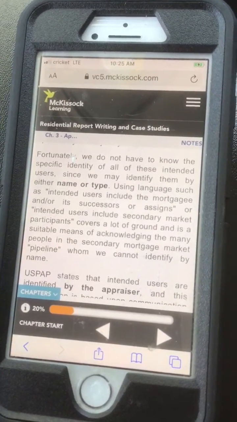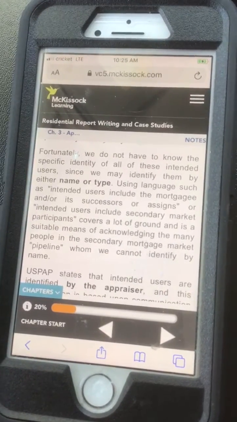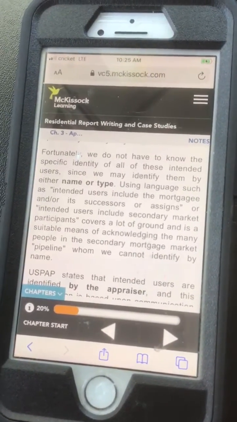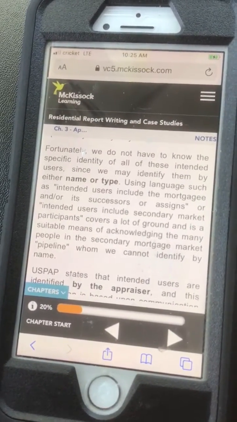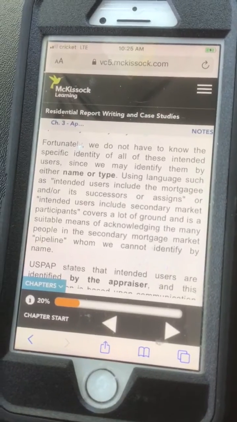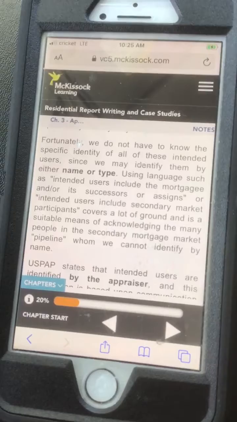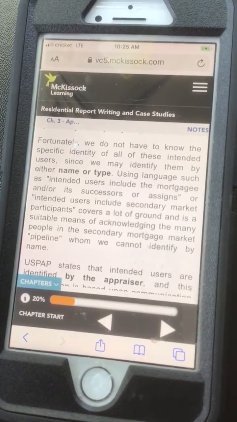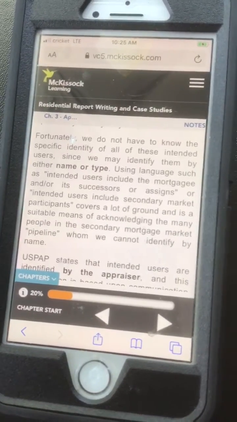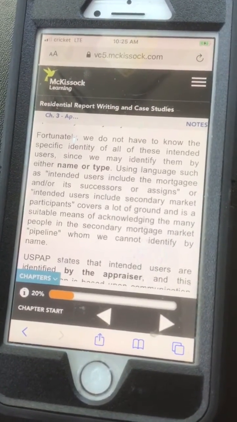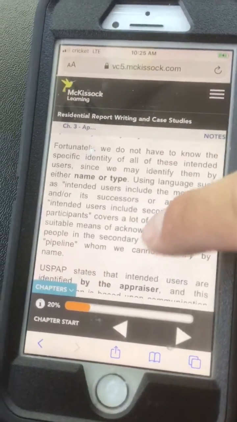Using language such as "intended users include the mortgagee and/or its successors or assigns," or "intended users include secondary market participants," covers a lot of ground and is a suitable means of acknowledging the many people in the secondary mortgage market pipeline whom we cannot identify by name.